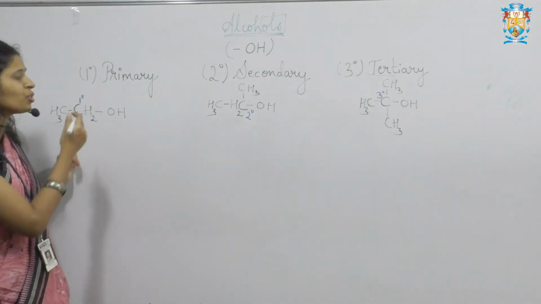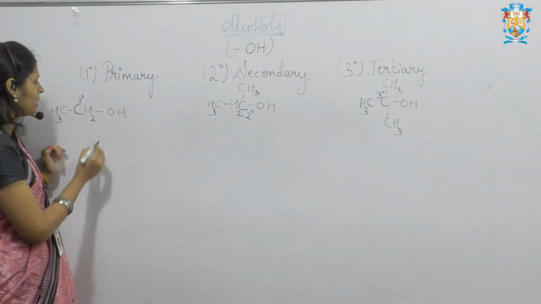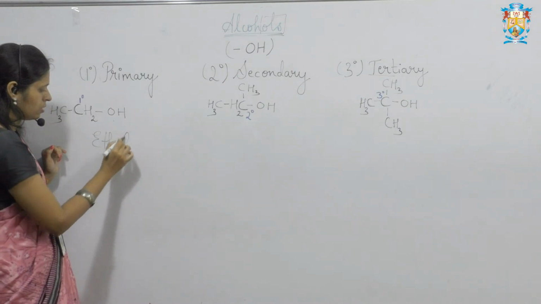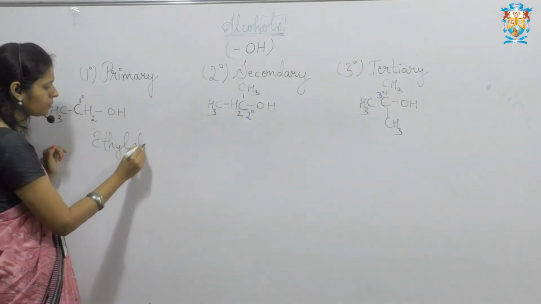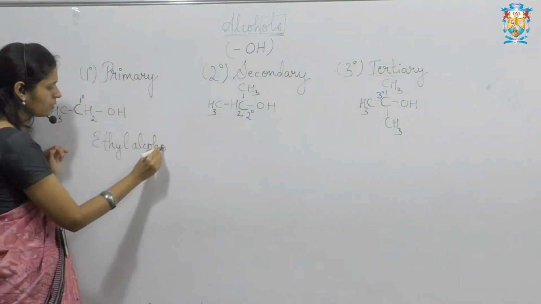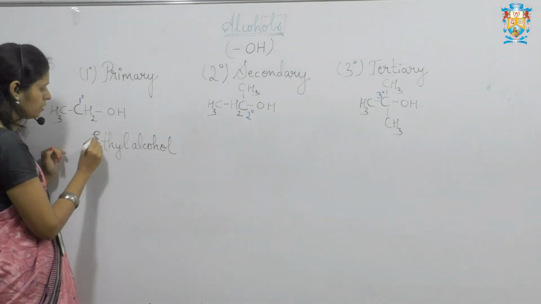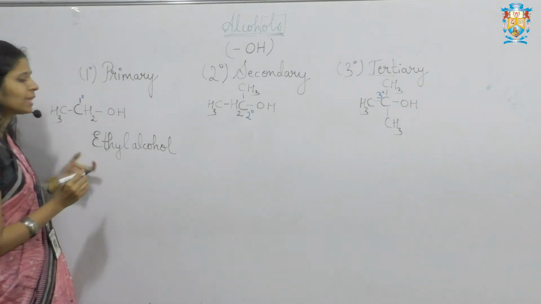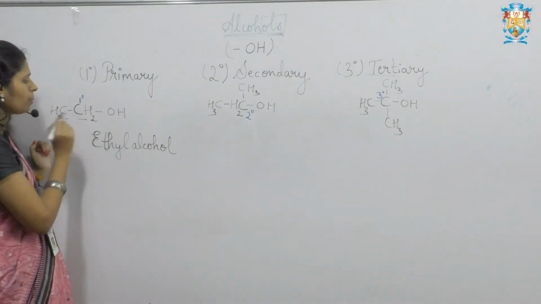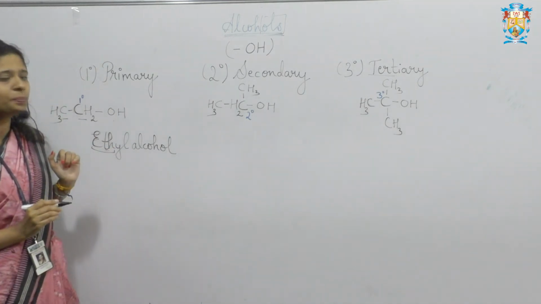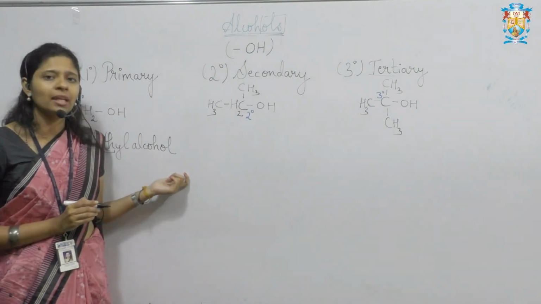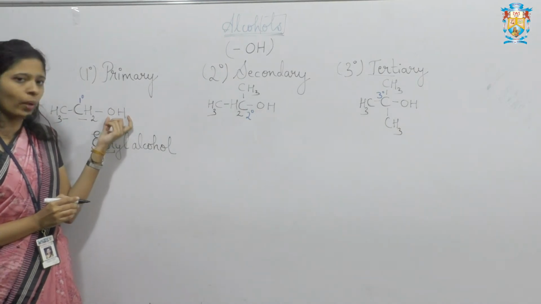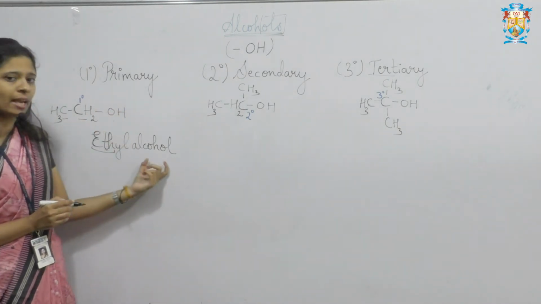So here if I want to name this alcohol, I will name it as ethyl alcohol, ethyl because it contains two carbons, so the name eth will be given. It is a common name, so I just include the word alcohol over here, since there is an OH group attached, and I call it ethyl alcohol.